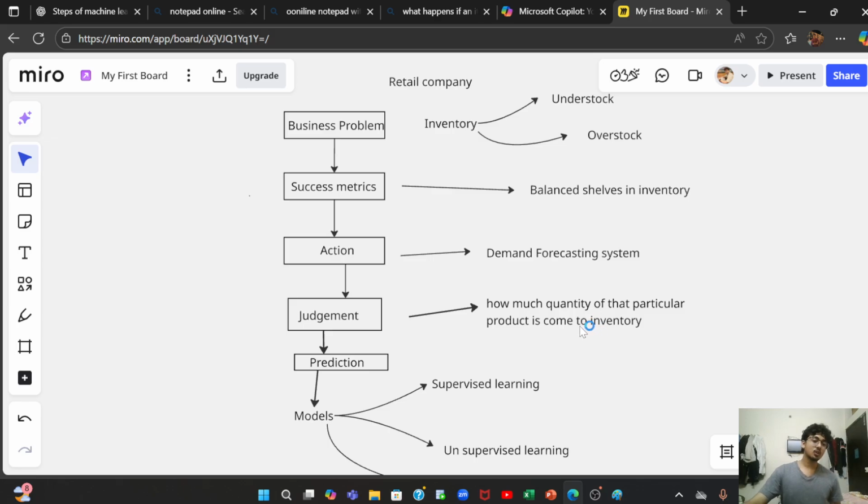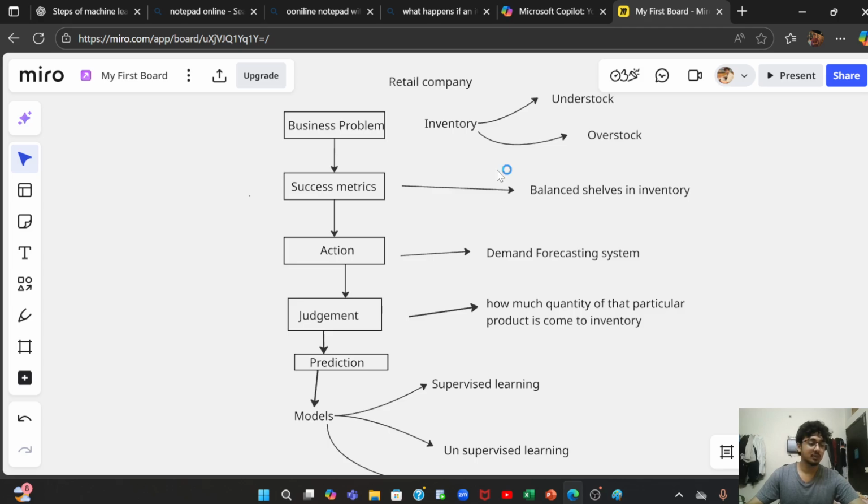Okay, so let's take an example of a retail company, and by considering this example, let's understand what the steps should be to solve a business problem of a retail company. First of all, what is a retail company? A retail company buys products from wholesalers or manufacturers and sells directly to the consumers at a market price.